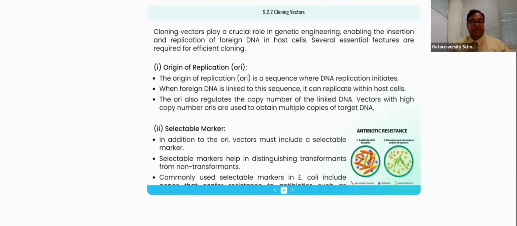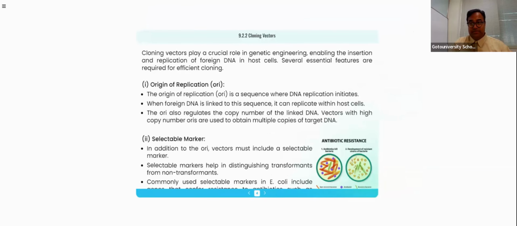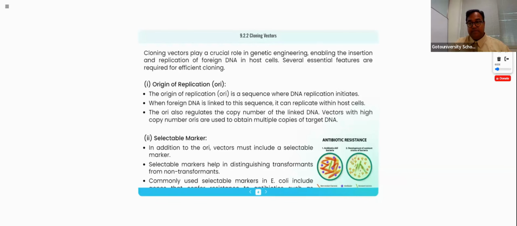For example, in the plasmid, if I need to introduce a foreign gene, I need to consider the origin of replication.